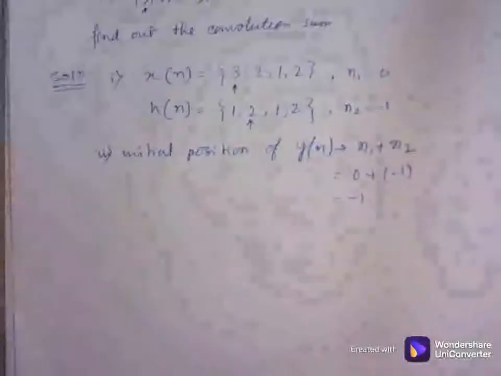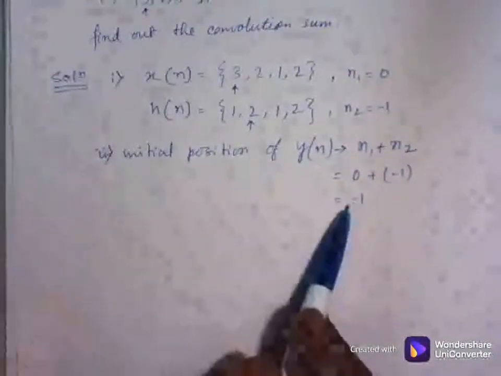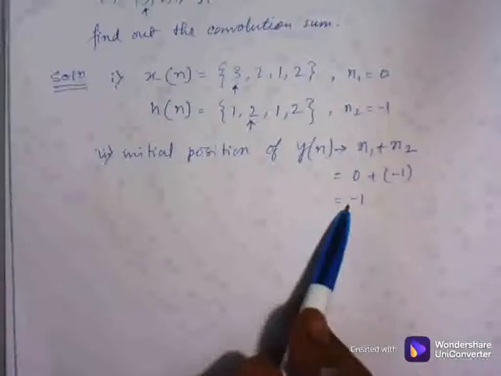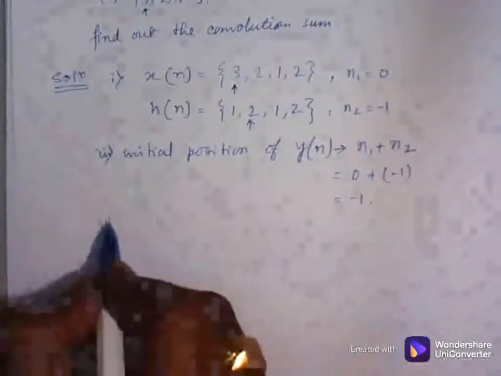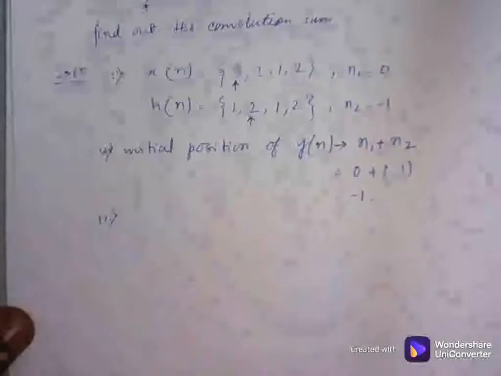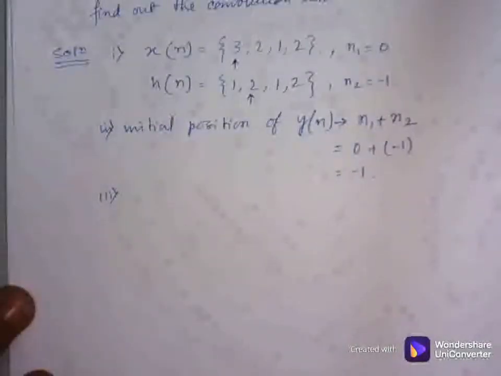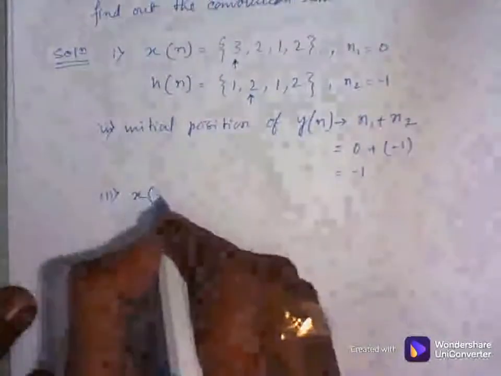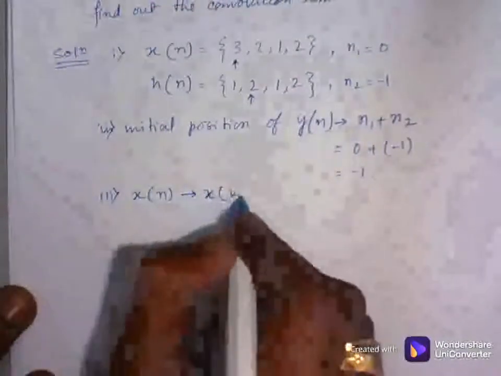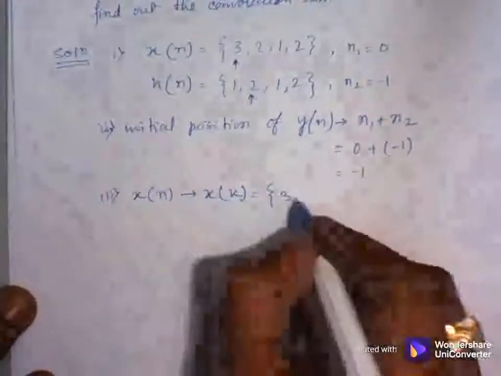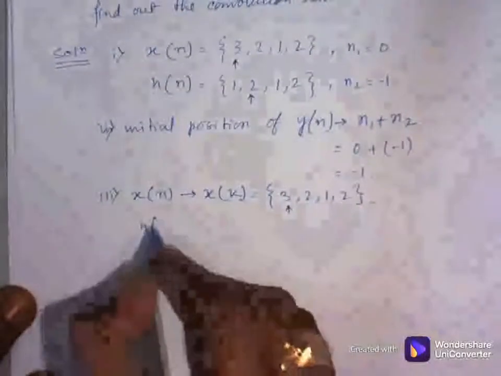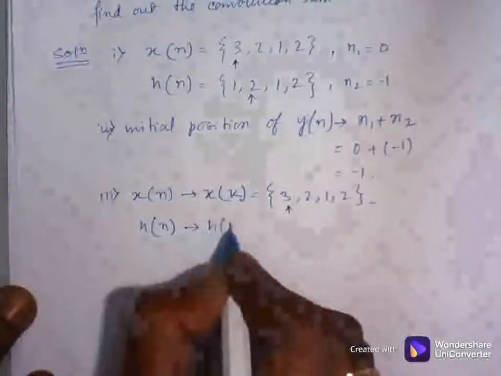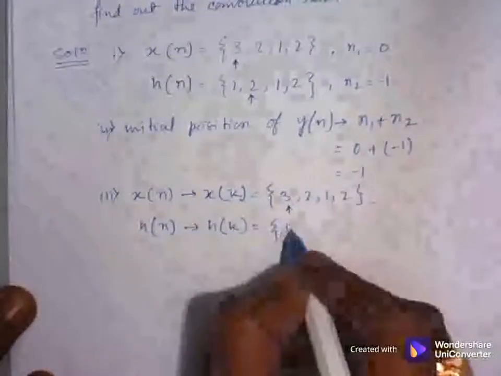That will be the starting position of the sequence of y of n. Third step: express x of n and h of n in terms of x of k and h of k. So x of k is 3 2 1 2, and h of k is 1 2 1 2.